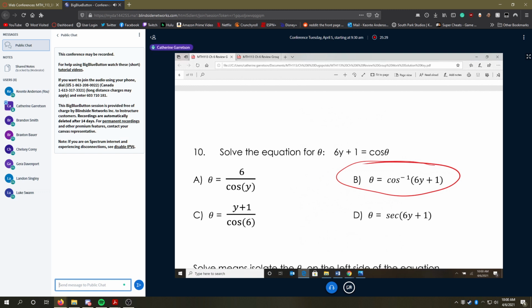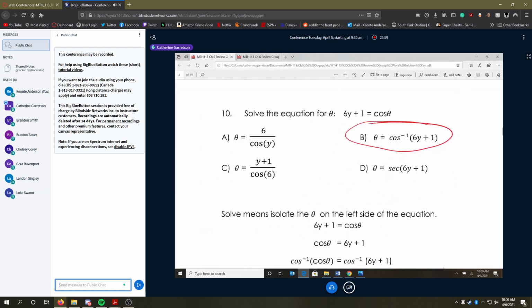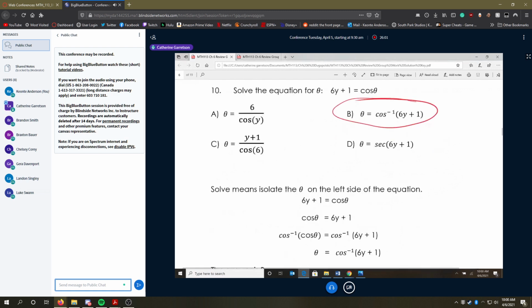So it means I'm going to solve for the angle. The first thing I'm going to do is notice that the only thing that separates theta from being isolated is that it's the angle of the cosine. It's not multiplied. So what I need to do is undo cosine. The only way you undo a trig function is with its inverse trig function. So I went ahead and wrote the cosine on the left side and the 6y plus 1 on the right side.